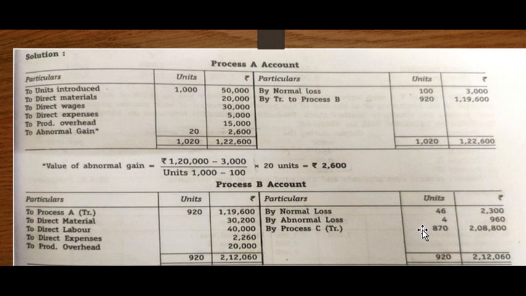So 2,09,760 divided by 874 will give you 240.